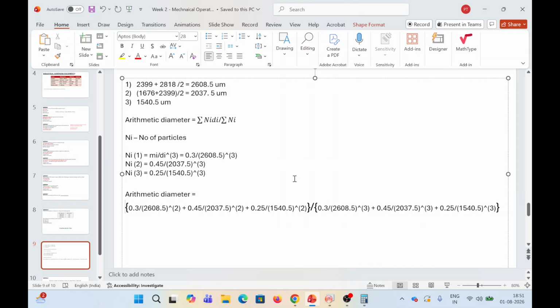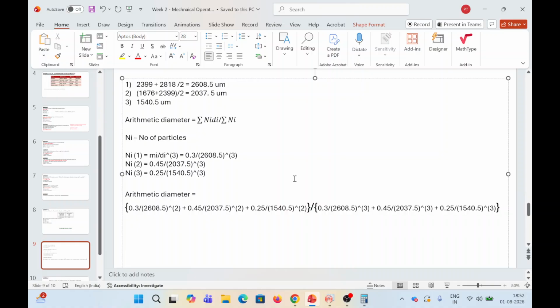If you wonder how I made this square term, if you see here, Ni is nothing but Mi divided by Di cube. So in the numerator you have NiDi, that is Mi by Di cube times Di. So that will be Mi by Di square upon the summation of Ni1 plus Ni2 plus Ni3.